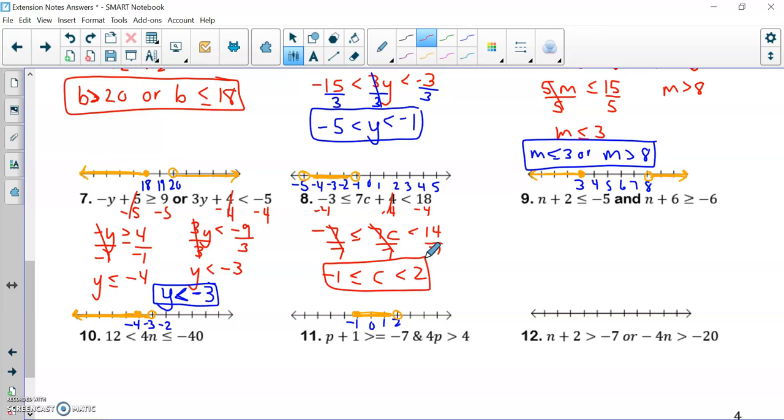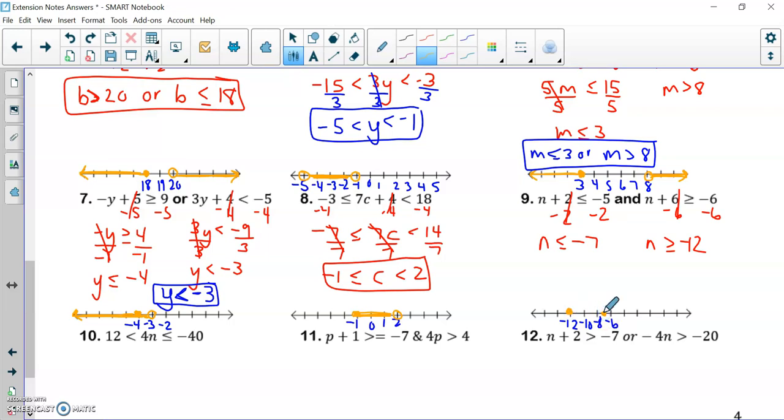All right, moving on to the next one, which is an and inequality. I'm going to subtract 2 from both sides of my first one. Subtracting 6 from both sides of my second one. So I have a closed circle at negative 12 and a closed circle at negative 7.